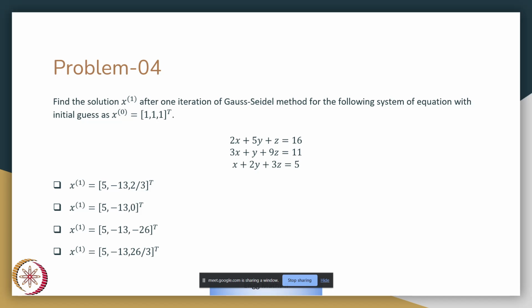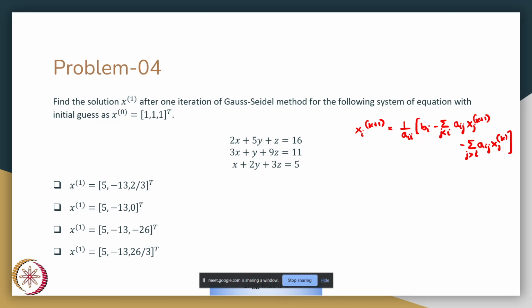We are provided with an initial guess and we are given a system of equations. For the Gauss-Seidel method, if you remember, we use the updated guess information. So in formula terms, xi of k plus 1 is equal to 1 by aii times bi minus summation j less than i of aij xj of k plus 1, which is the updated guess part, minus summation j greater than i of aij xj of kth iteration.